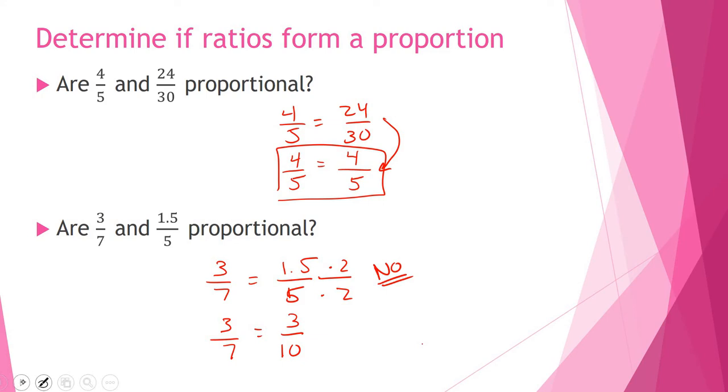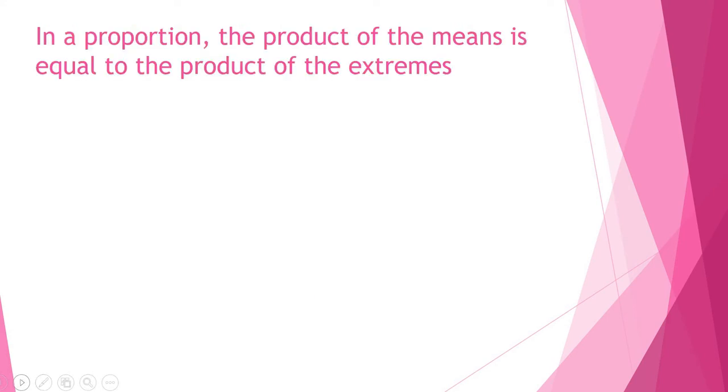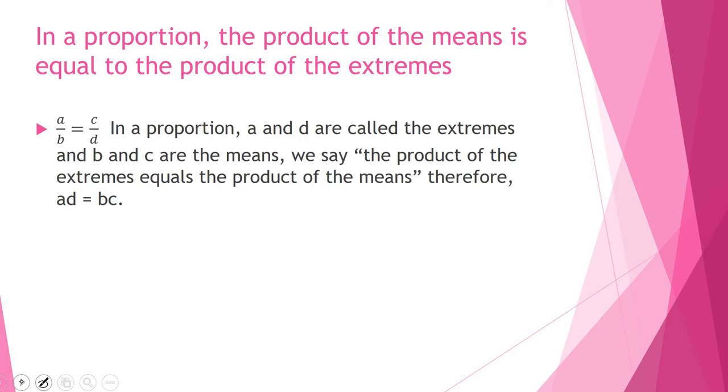Now let's look at it another way, and I know you're familiar with this way. In a proportion, the product of the means is equal to the product of the extremes. Let's see what that means. If A over B equals C over D, in a proportion, A and D are called the extremes because they're the first and the last.